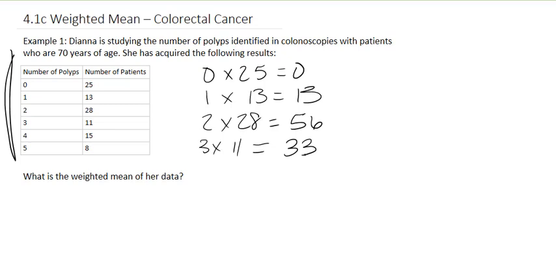Next, we would multiply 4 times 15, which is equal to 60. Now 5 times 8 is 40. So this is step 1.